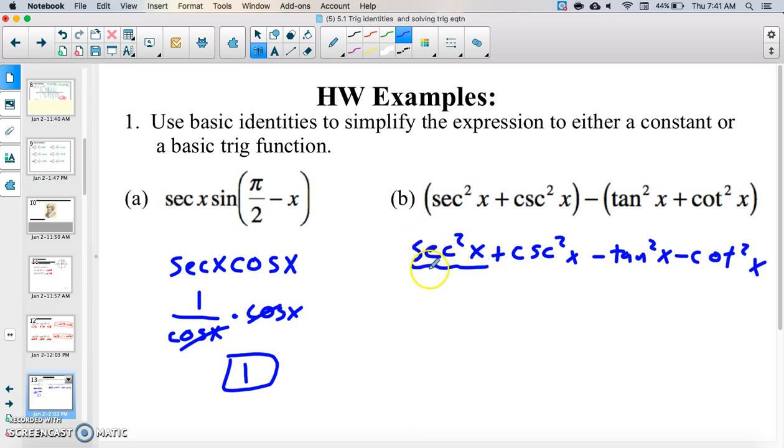So I can rewrite this as tangent squared x plus 1, and that equals this. Cosecant squared, we know, equals 1 plus cotangent squared x. And then I can just fill in everything else I have.